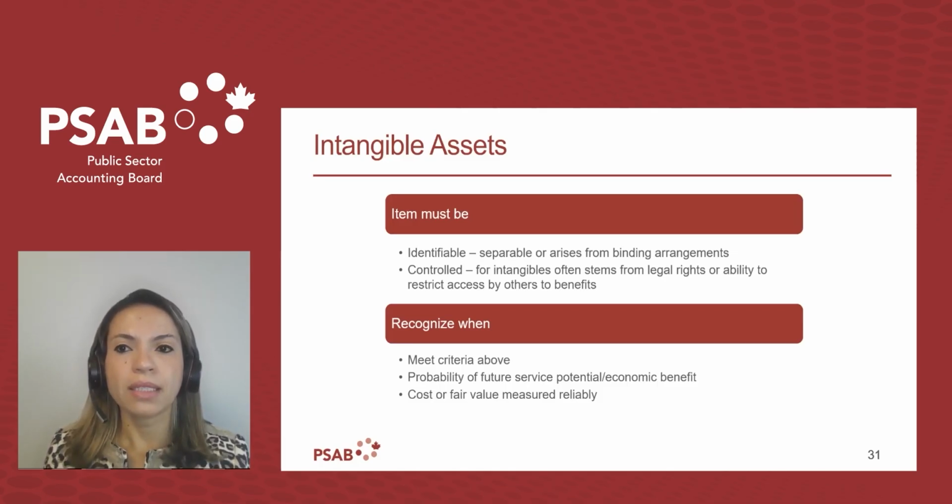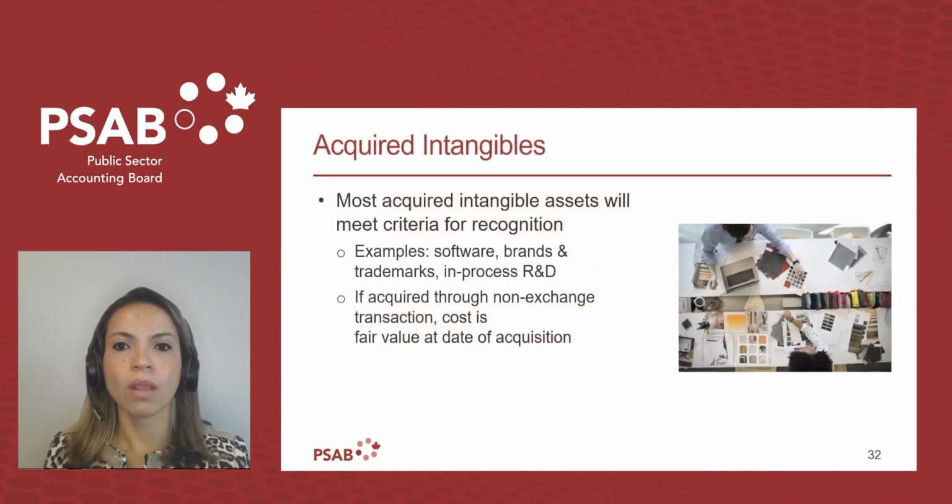These generally meet the definition of an acquired intangible asset, with the exception that it's rare for public sector entities to acquire intangible assets under a binding arrangement. Most acquired intangible assets will meet the criteria for recognition. Examples include software, brands and trademarks, and in-process research and development. With the exception of software, it's rare for public sector entities to acquire intangible assets.